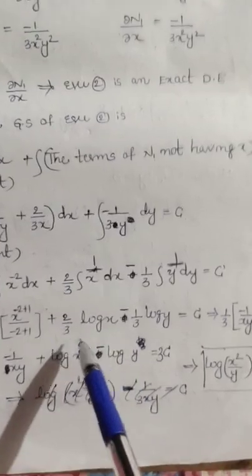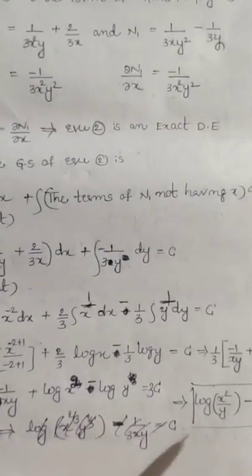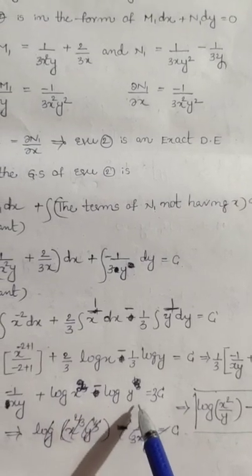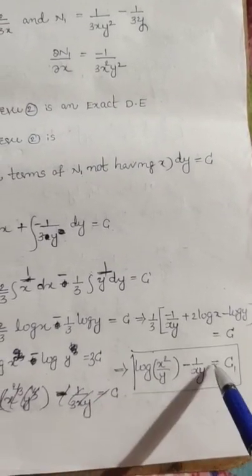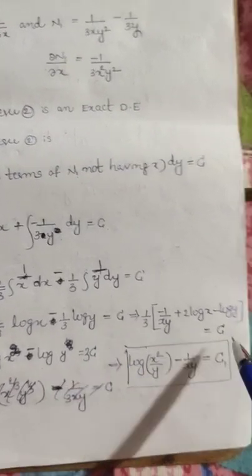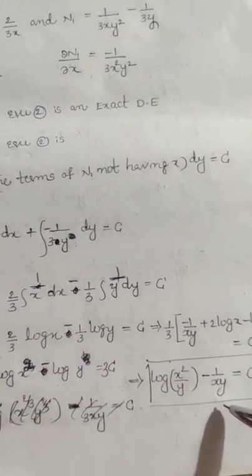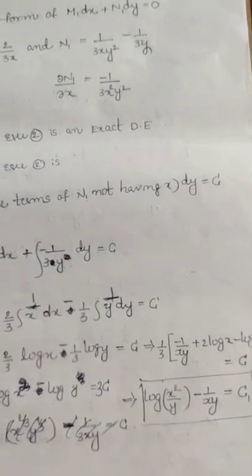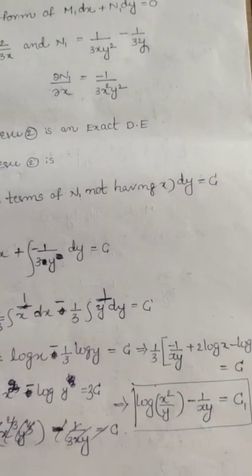So again, log x square minus log y is in the form of log a minus log b. It can be written as log of x square by y minus 1 by xy equal to c1. So here 3c equal to c1, that is log of x square by y minus 1 by xy equal to c1 is the general solution of the given differential equation.